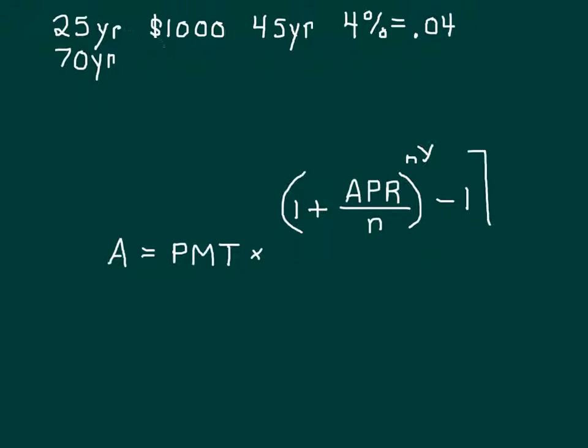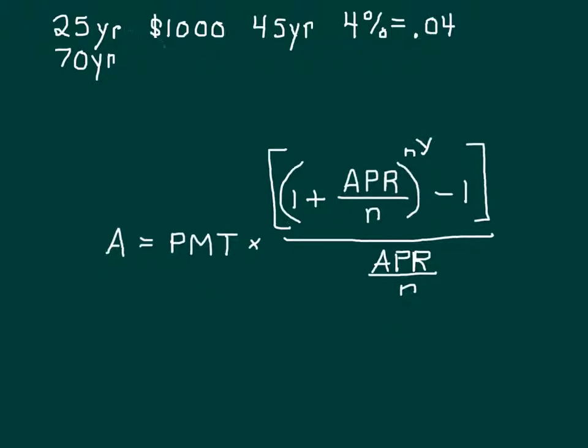And this is our numerator of a ratio. And in the denominator, we have our interest rate, APR, divided by the number of payments per year. So let's take this and move this up.